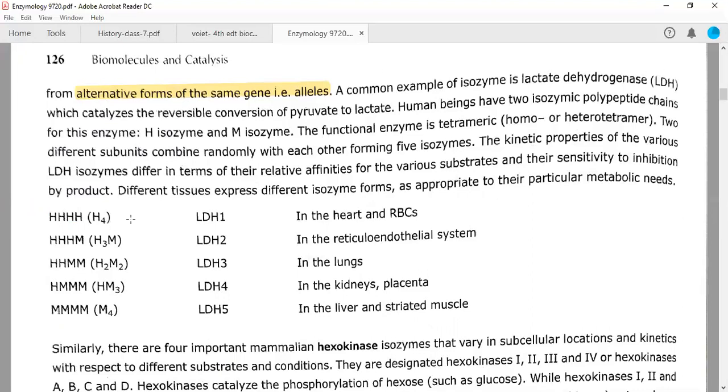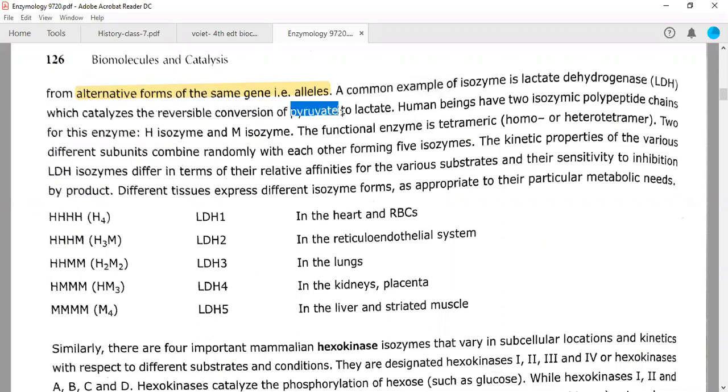So what is the role of this lactate dehydrogenase? When you do some physical exercise or activity, suppose you are going for a run or gym and you do lots of physical exercise in one day, then there is muscle pain in your body, and your body will not move the next day. This is because lots of lactic acid is accumulated in your muscles, resulting in muscle pain. Pyruvate is the end product of your glycolytic pathway, and when you do physical exercise you need more and more energy.